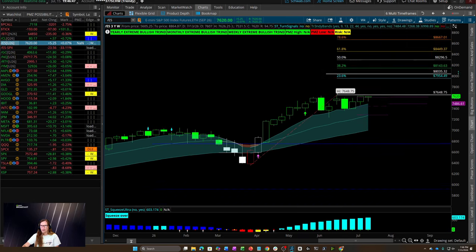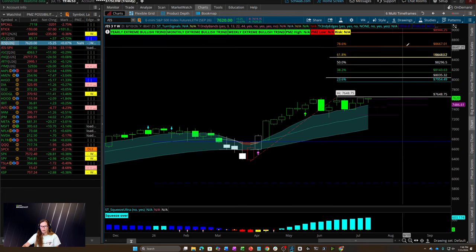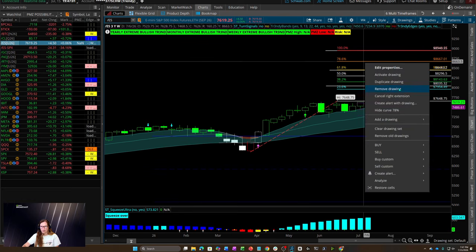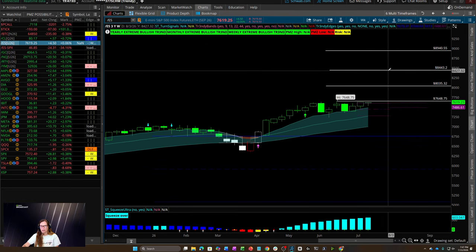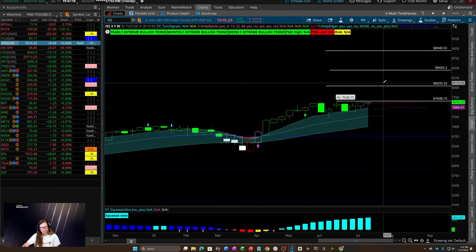All right, then I definitely the golden Fibonacci level right there. And then a 100% of this move right here. Okay? That's how I use it for extension targets to the upside.